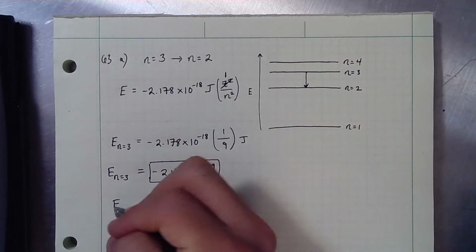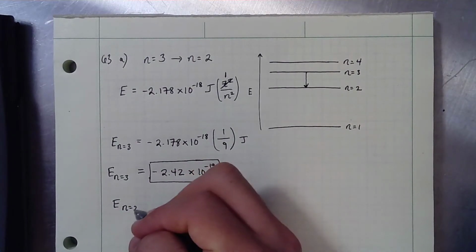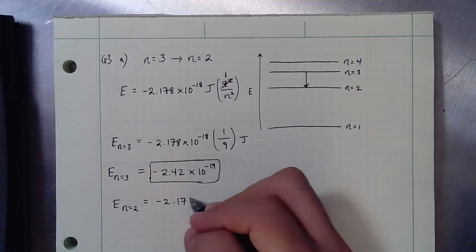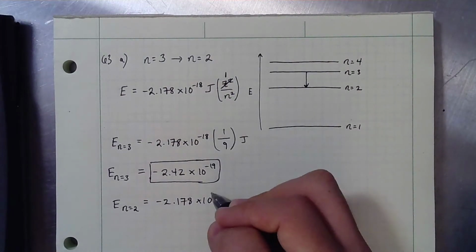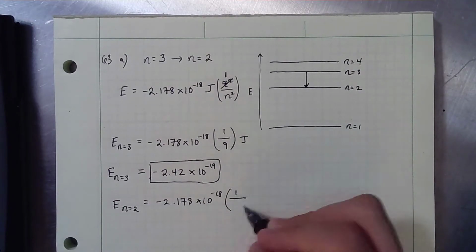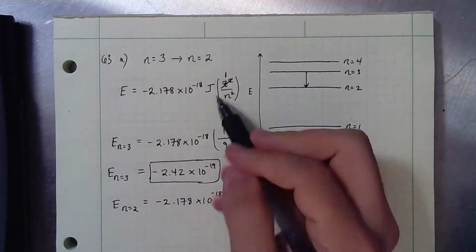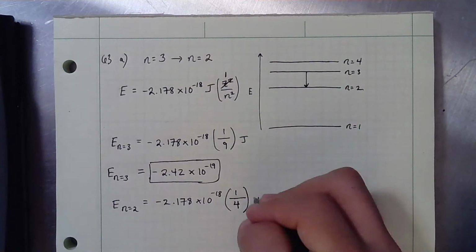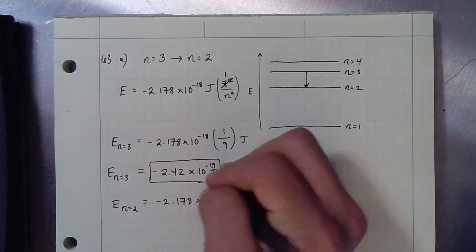Let's also calculate the energy at n equals 2. Okay, same thing. Negative 2.178 times 10 to the negative 18, 1 over 4, right? Because if n equals 2, then that's just 1 over 4 joules. Let me add that unit here.